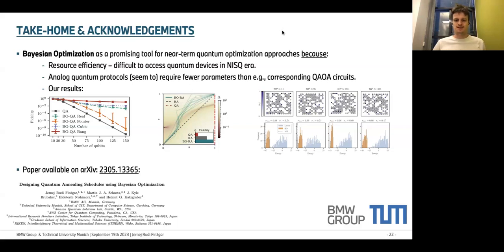So it's not an apples-to-apples comparison, maybe more of an apples-and-pears comparison. But I can count the number of shots that I need to optimize my schedules using Bayesian optimization to get good results, and they reported the number of shots that they needed in their experiment.